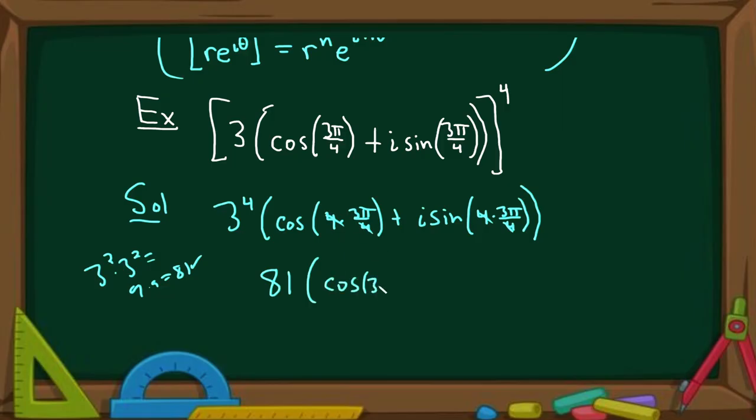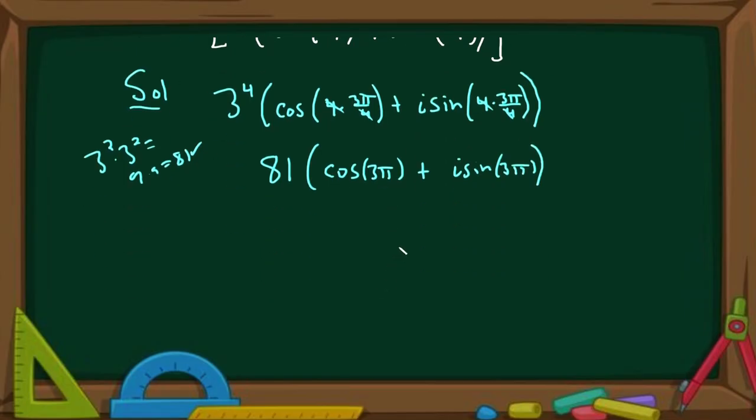Then we get the cosine of 3 pi plus i sine of 3 pi. To figure out what the cosine of 3 pi is and what the sine of 3 pi is, we can think about the unit circle. So I'll draw a picture here. The unit circle is a circle of radius 1 centered at the origin.